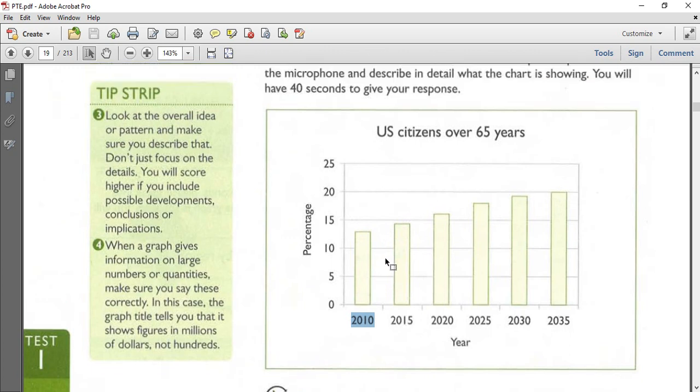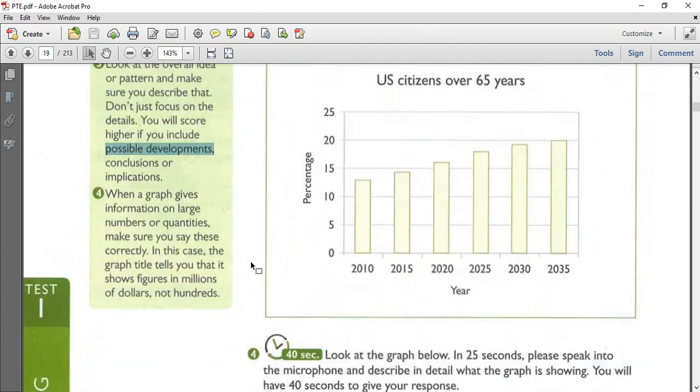The graph is not dropping, and possible development we are going to include as well. Okay, so you can think of any detail that you are going to talk about for 40 seconds.